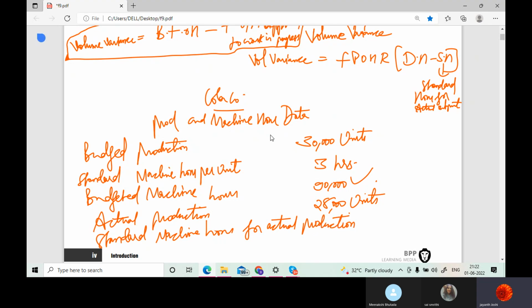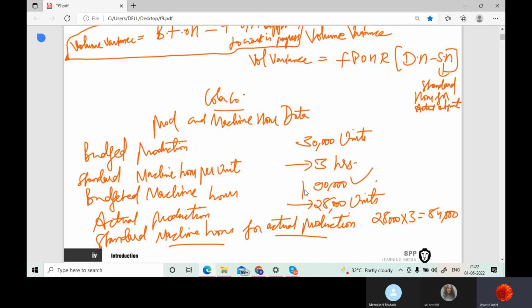Per unit standard hours is 3 hours. To produce 28,000 units, how many standard hours are you taking? That will be 28,000 into 3, 84,000. So you should understand this.